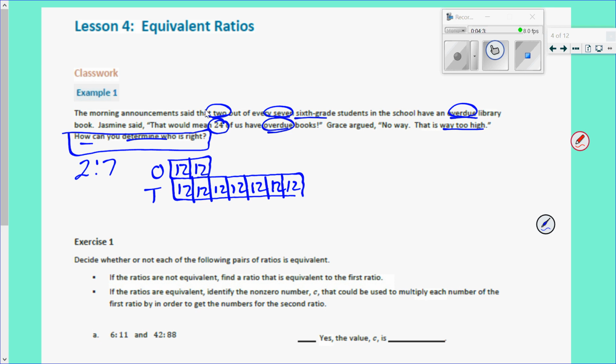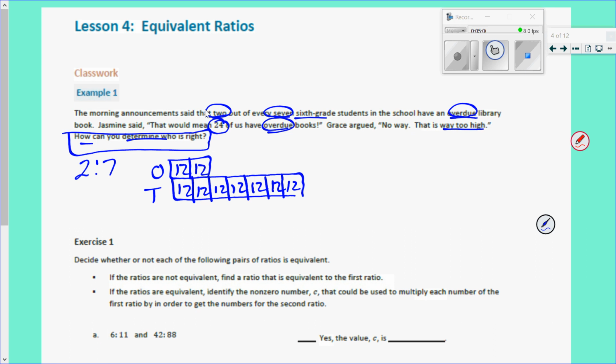Jasmine. How do you know? How do you know Jasmine's right? Or can you tell that Jasmine's right? What do you think? Okay.